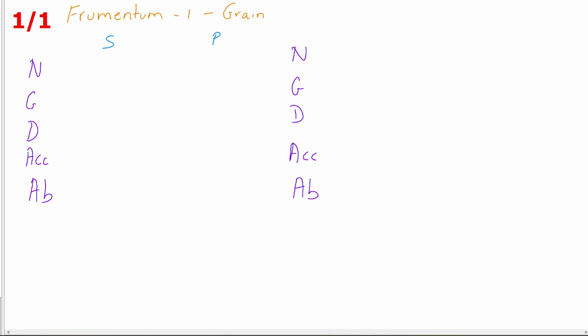So the only difference here, we'll just have a subtle difference, we'll do the comparison later. So the nominative singular as we know would be frumentum, genitive singular would be frumenti.